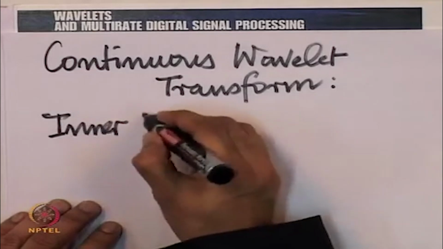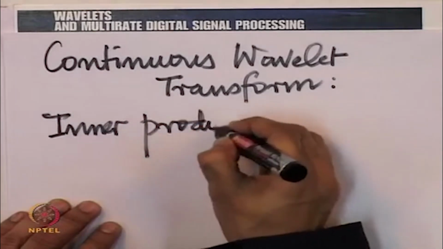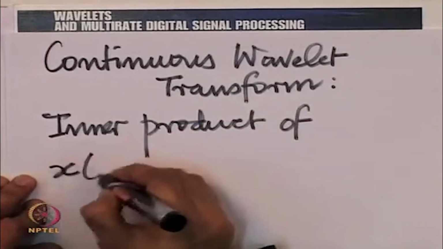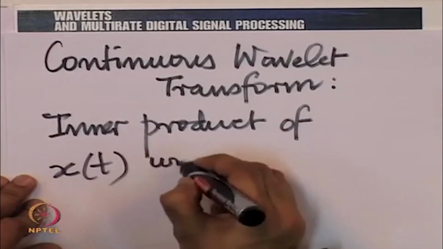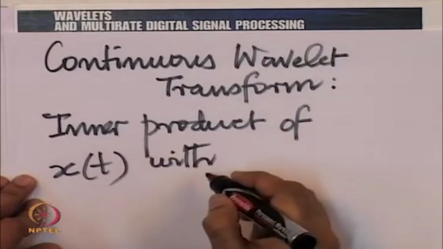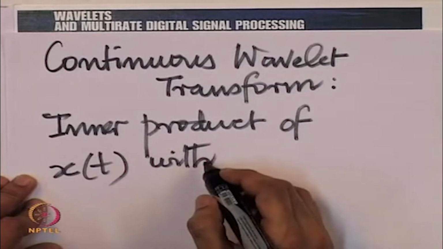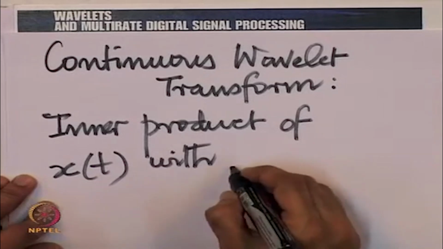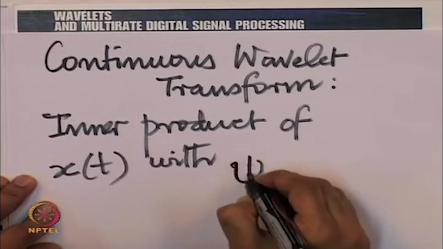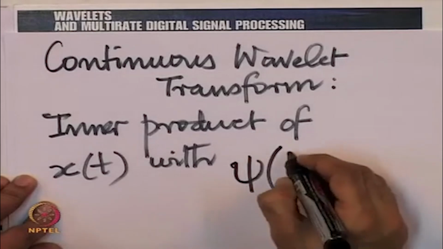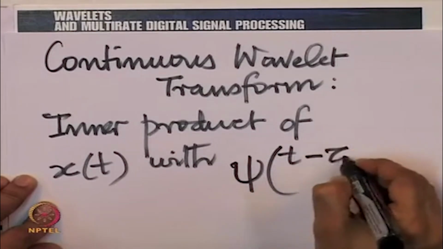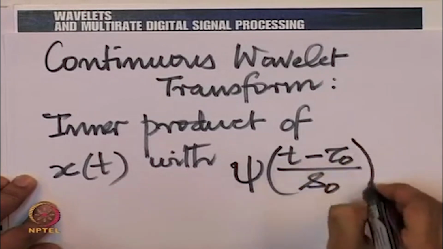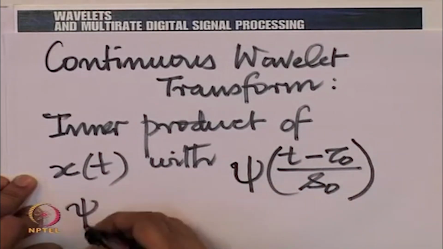It is an inner product of x t with, now this time instead of a window we have a wavelet, a translate and a dilate of a wavelet. So, we take the wavelet psi, we translate it by tau naught and we dilate it by a factor S naught. Psi is a wavelet.